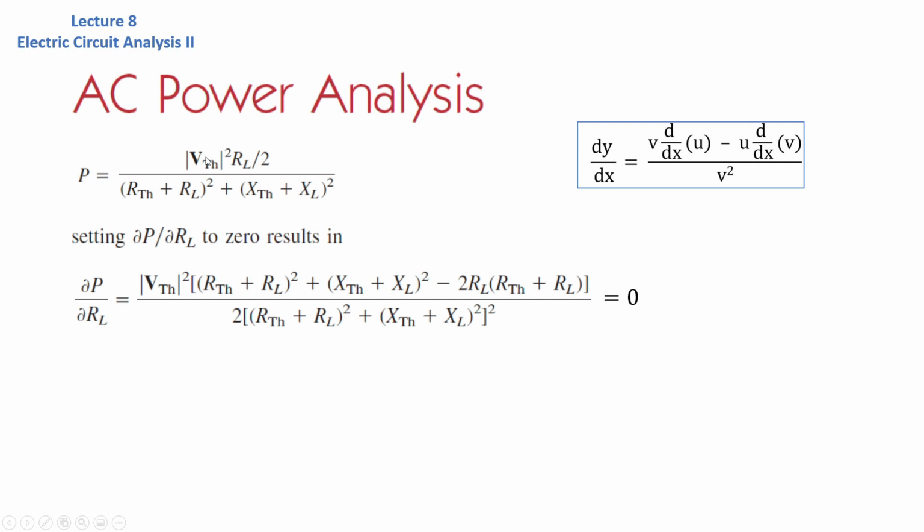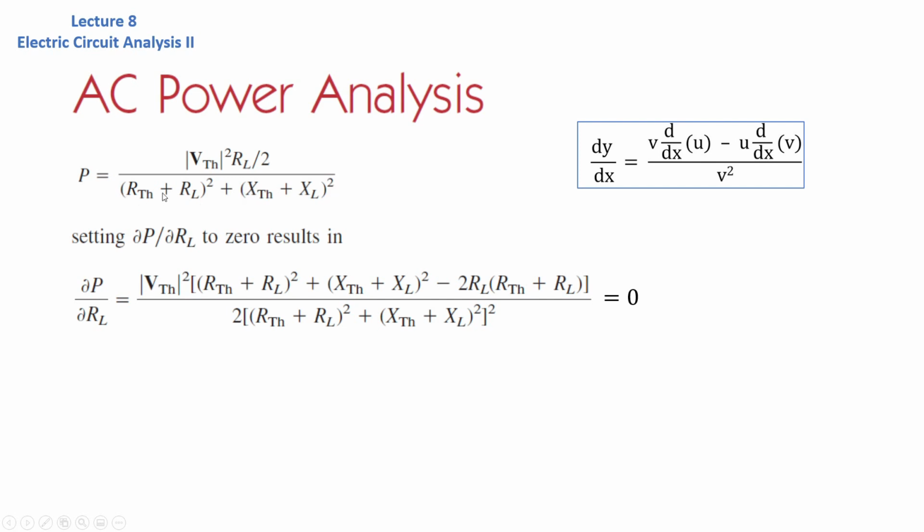So we write V Thevenin squared RL divided by 2 as it is, and we take the derivative of the denominator with respect to RL.